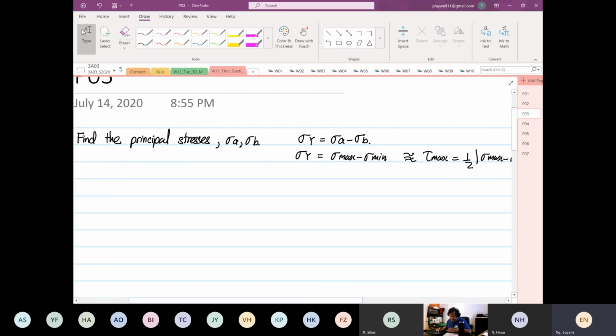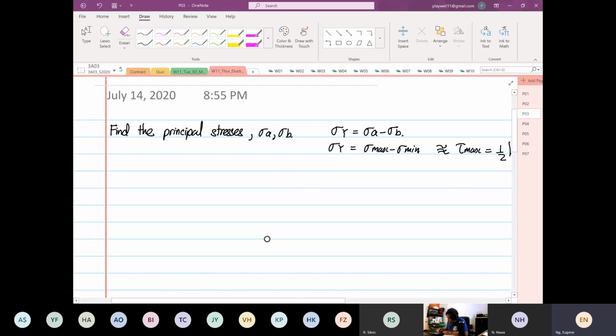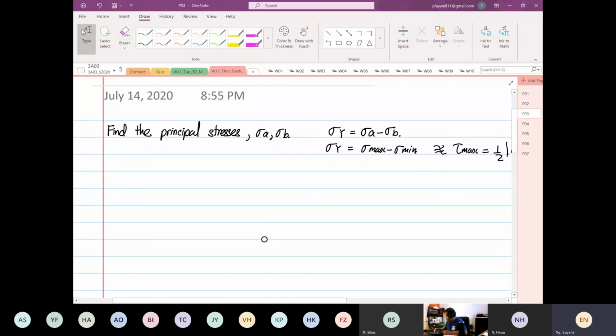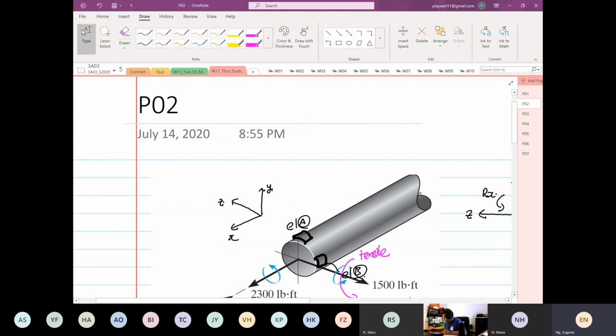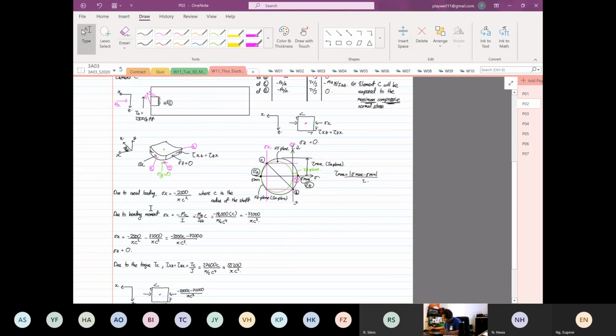The first thing we're going to do is find the center of the circle. So I'm going to get the Mohr's circle since we have sketched it. Right, so this is the actual Mohr's circle that we have.